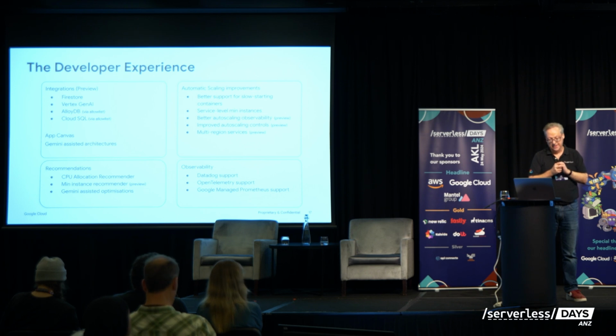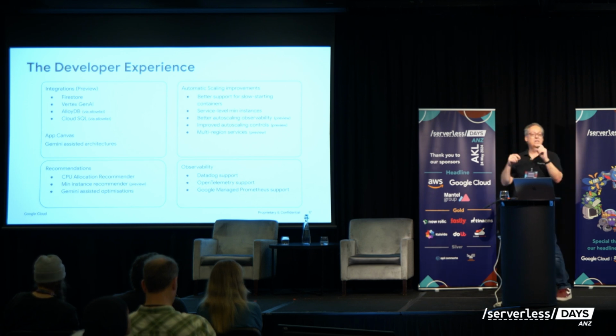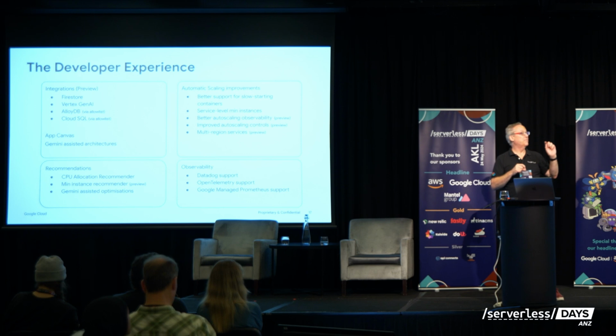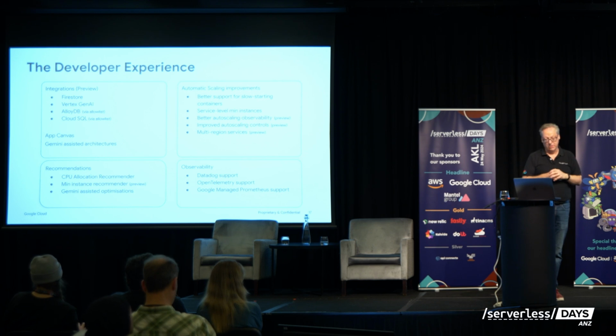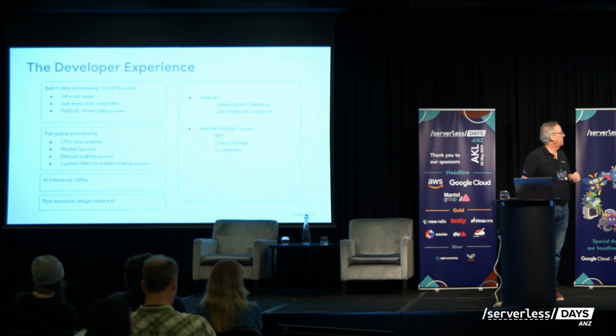We also have better support for slow-starting containers, so you can turn on a CPU boost. When the container starts, it will boost the CPU performance for the first 30 seconds and then drop it back down again, to improve cold start if you decide to scale to 0. And lots of telemetry support as well.